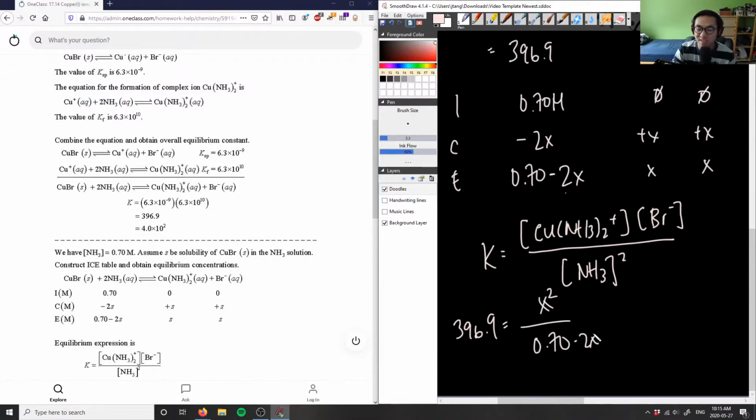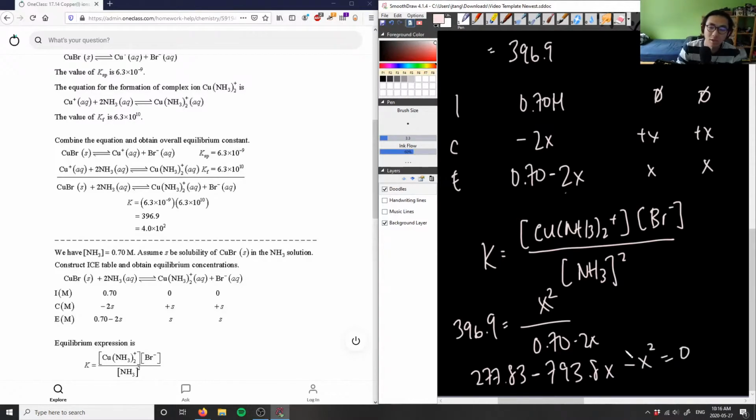Then we can isolate this algebraically, right? I can move the denominator to the other side. So I would get 277.83 minus 793.8x, which is 396.9 times 2, minus x squared equals 0.